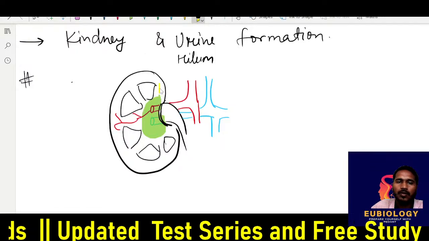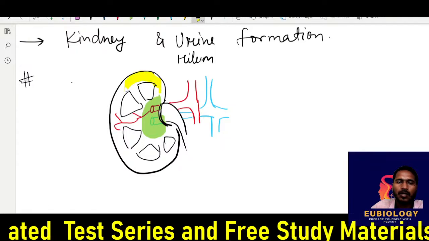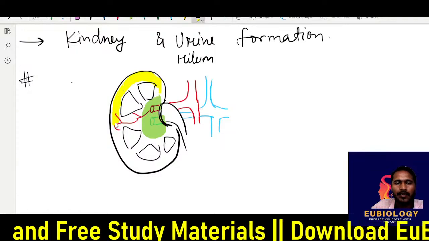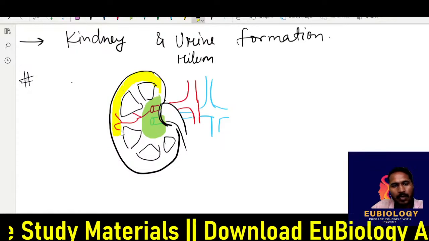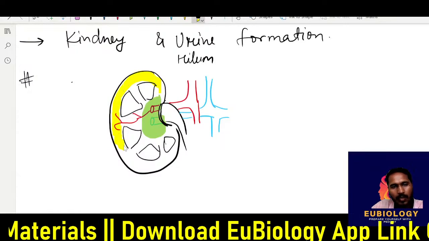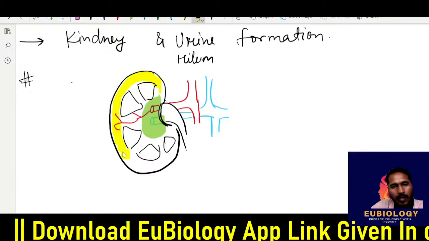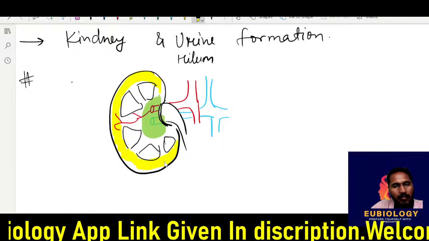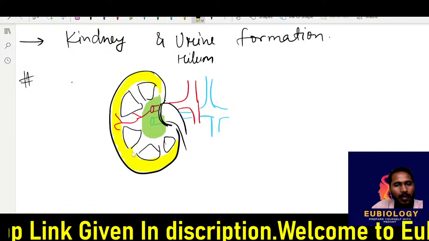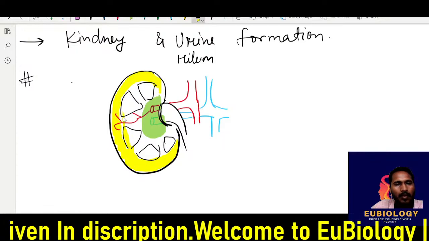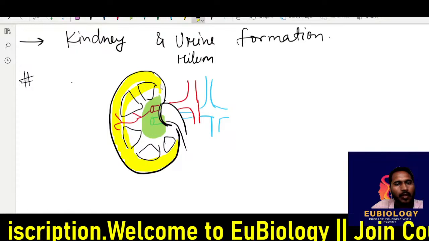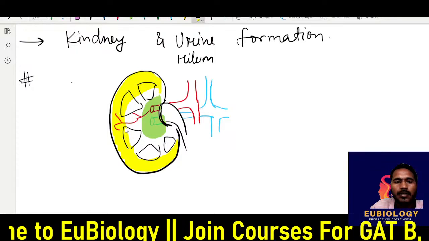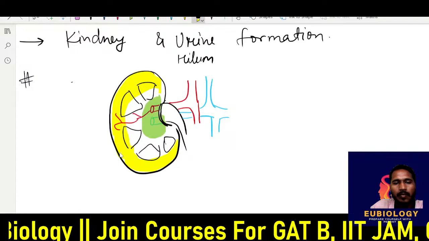I will draw this. The region which you are seeing with the yellow color, that is the cortex of the kidney, and the region which is completely white, that is the medulla. And the triangular shape which you are seeing, that is the medullary pyramid.